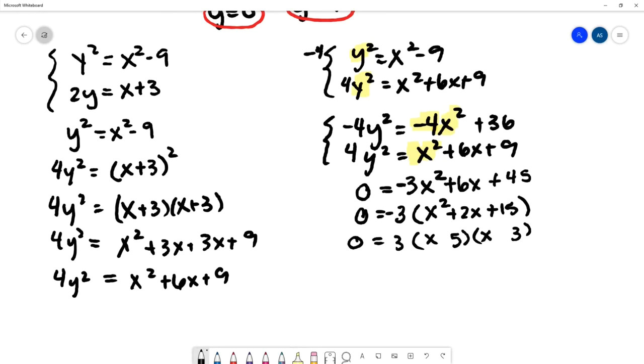I'm going to factor out a negative here, and that's going to make these negative. So that means I can factor, and I would need a negative 5 and a positive 3. So now I'll set each factor equal to 0, and I get x equals 5 and x equals negative 3.